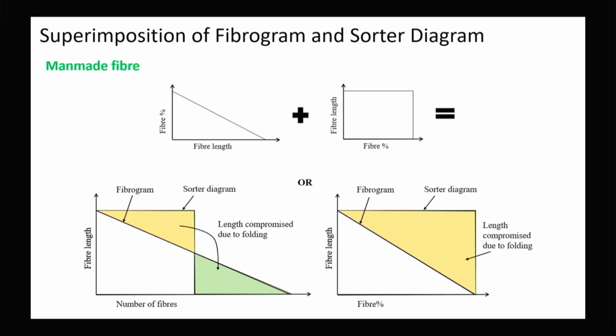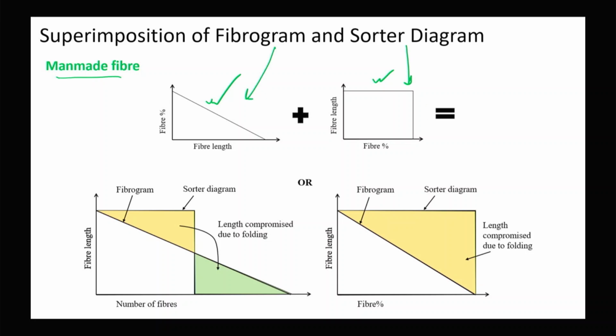Similarly, for the man-made fiber with the equal cut length, the shape of the fibrogram we have already discussed, it is a triangular shape, and the shorter diagram is a rectangular shape.